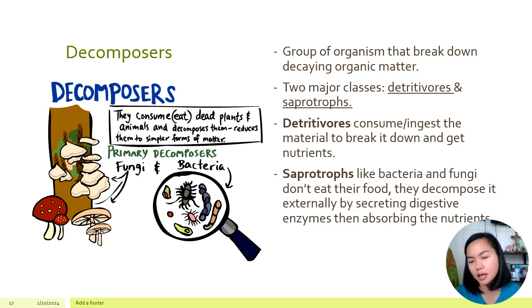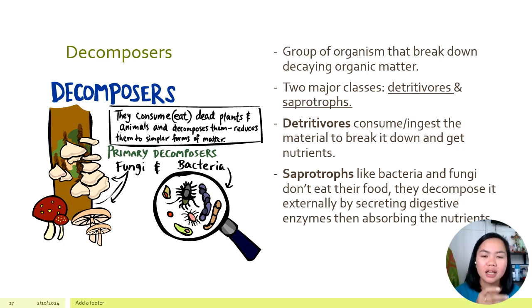But for the sake of specificity, or like specific dapat ano, so let's call them saprotrophs or saprophytes. We also have detritivores. They are a type of decomposers na somehow makalimtan usahay nga decomposers po ay sila. So we also have scavengers, which we will learn later on.